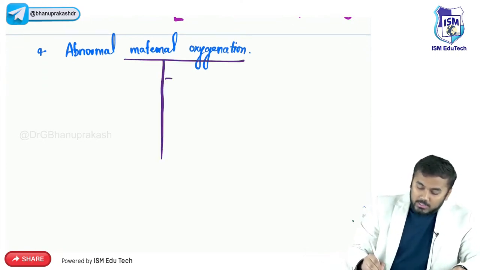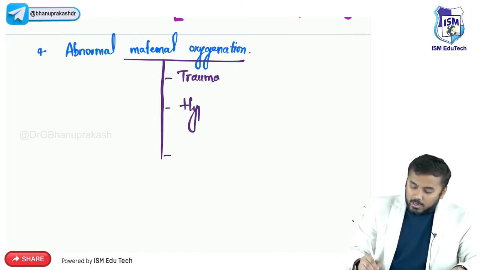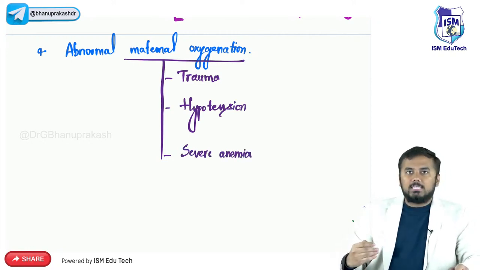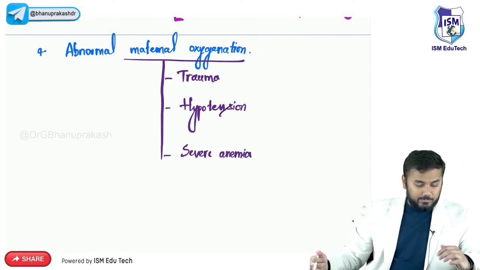Either there can be trauma, or there can be hypotension, or there can be severe anemia. In all these cases, the fetus is not receiving a sufficient amount of blood.